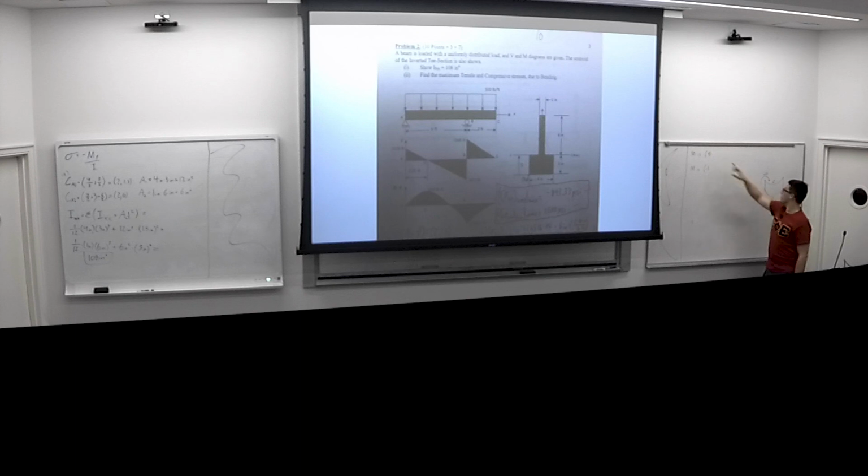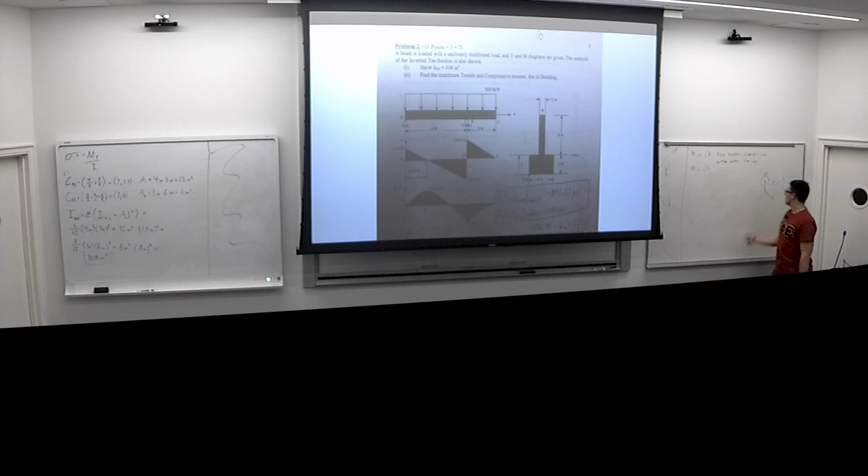So when the moment is positive, you have the top under compression and the bottom under tension. And you'll see why this is important when you actually go to make the 4 equations.